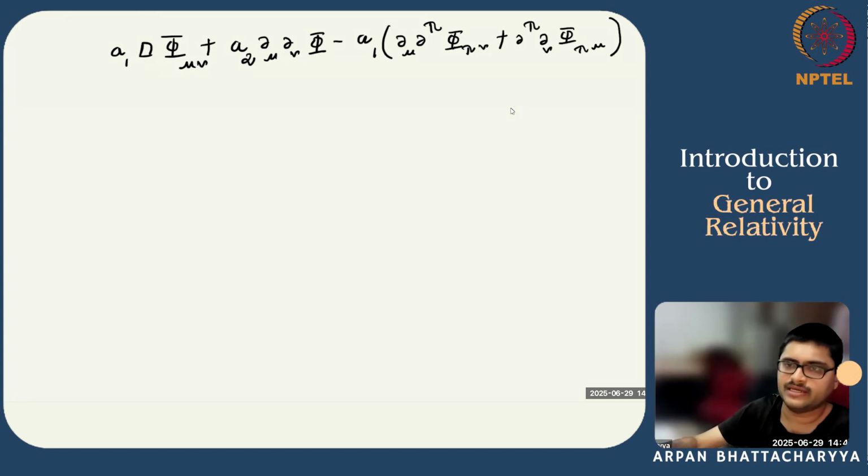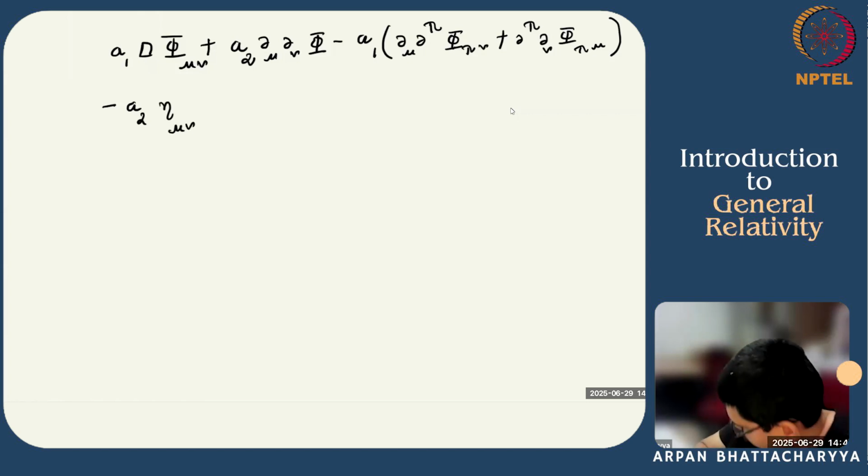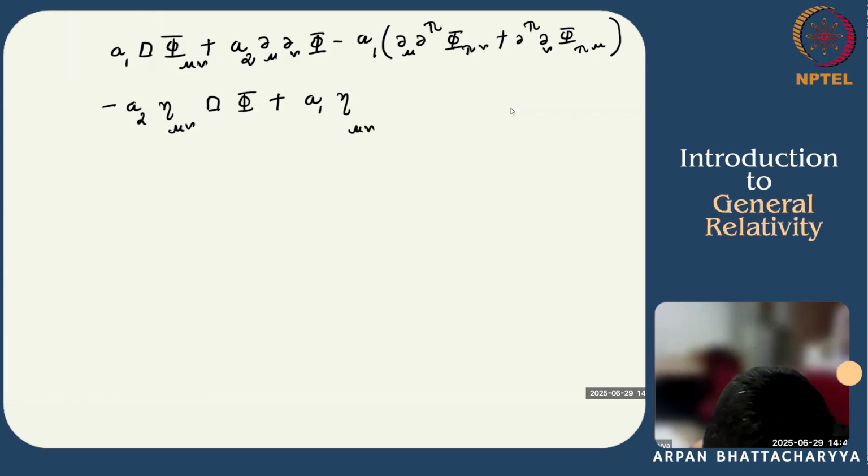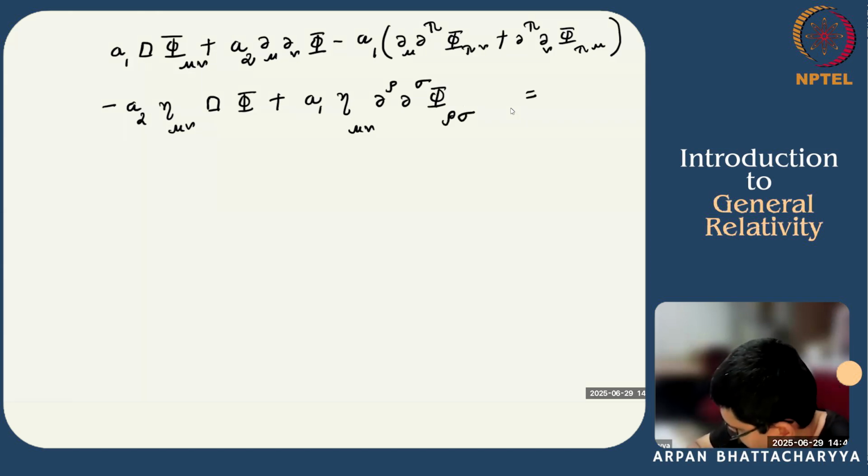These two terms are basically found by interchanging the mu nu indices, and then we have A2 times eta mu nu box of phi plus A1 eta mu nu del rho del sigma phi rho sigma is equal to some kappa bar T.